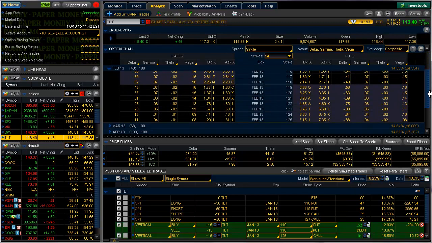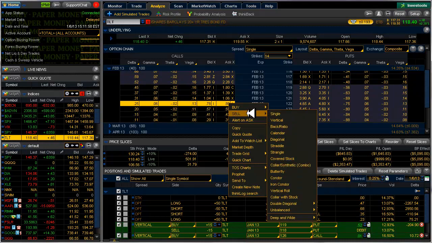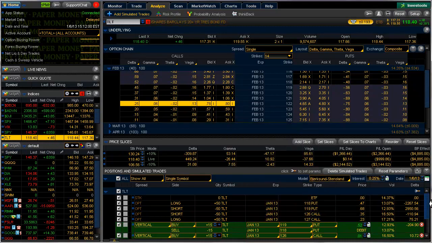We want to go on the call side and look for a delta. Here's a delta of 25. There's more risk to the downside, so we're going to take a little bit more delta on the upside, and we'll say sell vertical.